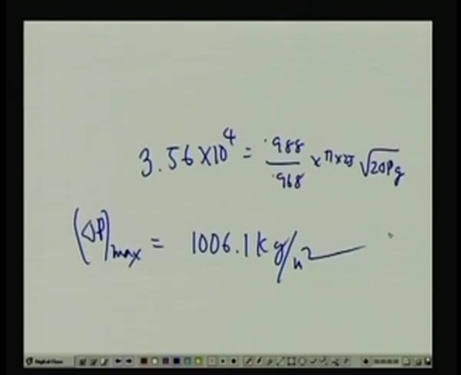So this is our equation. The best choice is 0.10 meter and delta P max will be 1006.1 kg per meter square.